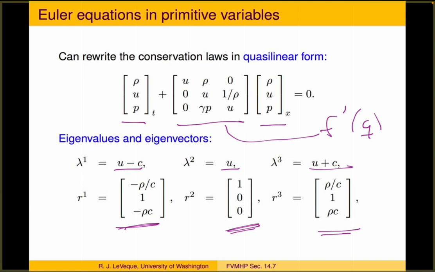And that's a very important fact about this third family of waves that we introduce when we go to the full system of equations, that typically the two waves have variations in density, but not in velocity or pressure. And we'll use that fact to good effect in figuring out what the general Riemann solution is. So even though we'll have to go back to the conservative form to calculate what the Hugoniot loci are, for example, the fact that u and p are constant through two waves will be very useful.